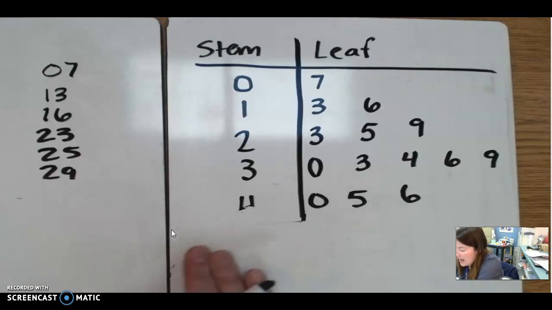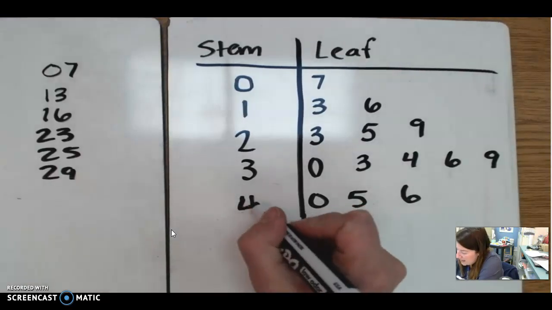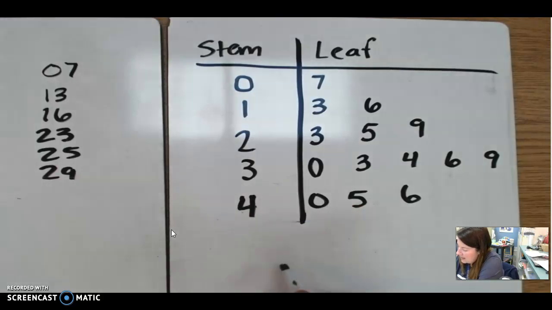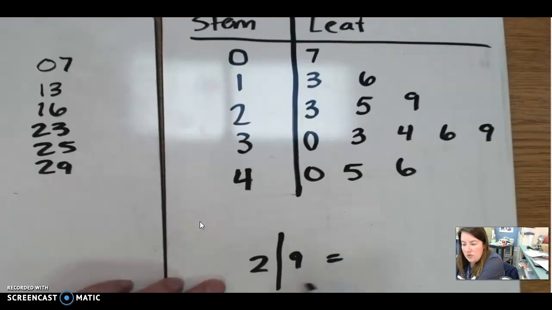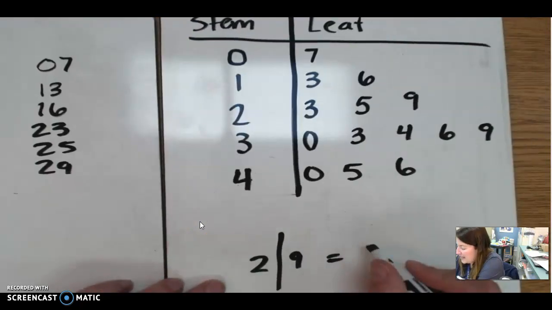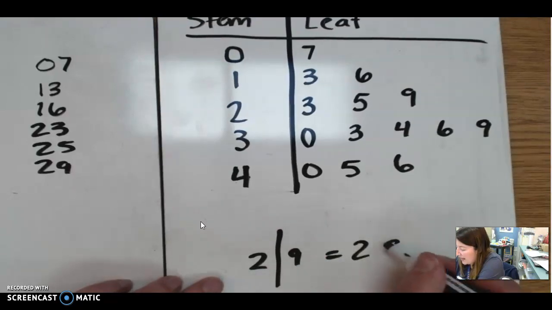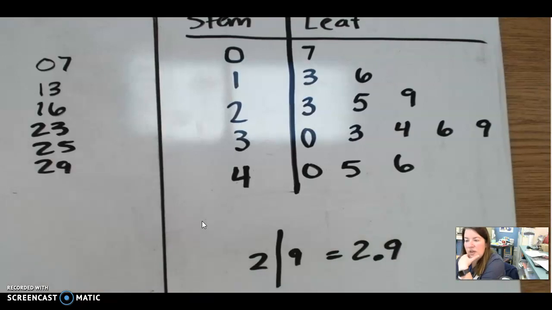You will sometimes, however, see a key that says this. I'm going to take one of these random numbers. If you have a 2 on the stem side and let's say a 9 on the leaf side, sometimes instead of this equaling 29, you'll see that it is actually going to be a decimal this time.